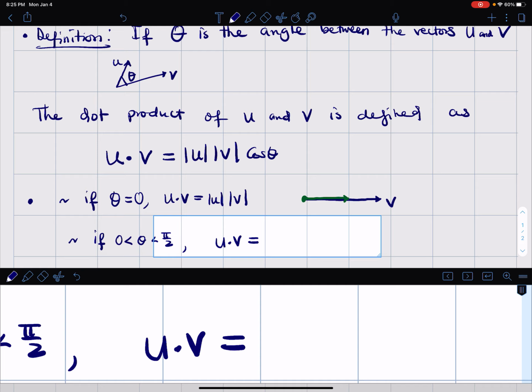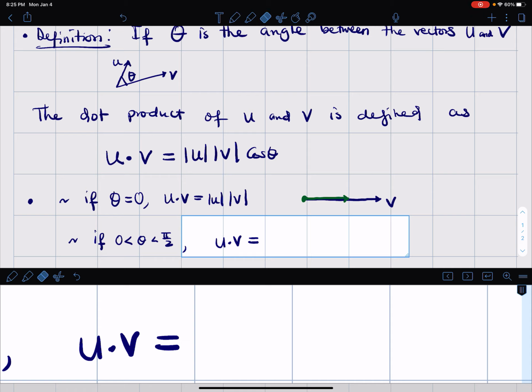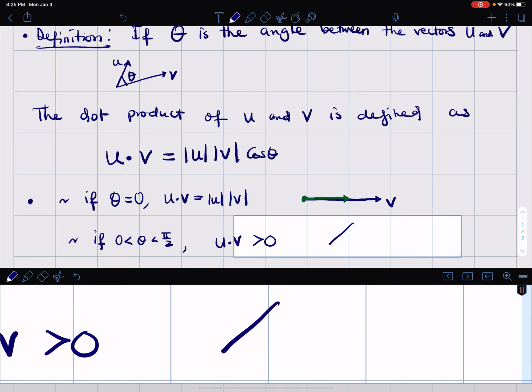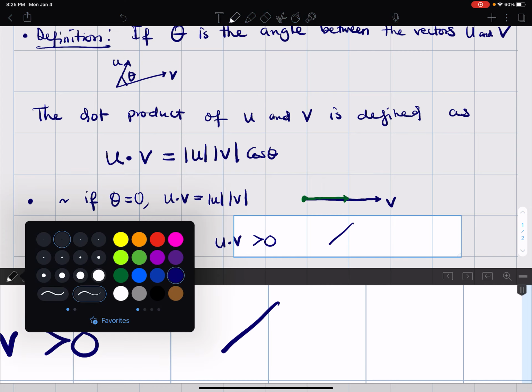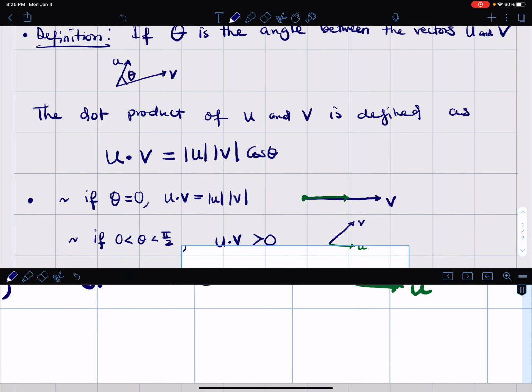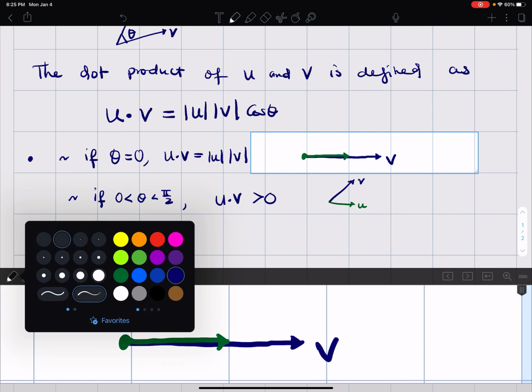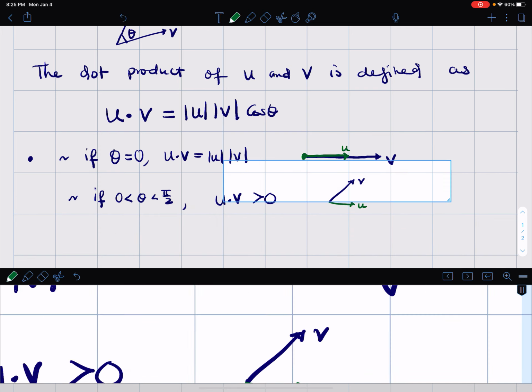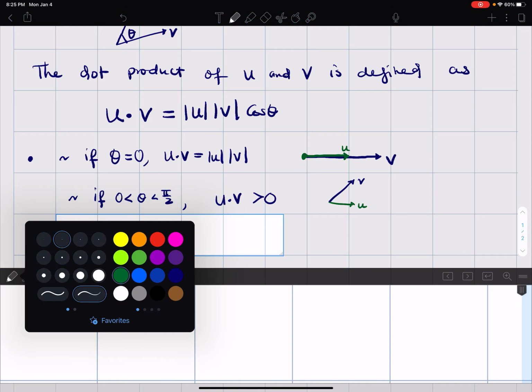Now, cosine of theta in this case is going to be positive. So that means that this will always be positive, right? So if you have two vectors like this, let's say this is u, this is v, then the dot product is always going to be greater than 0.